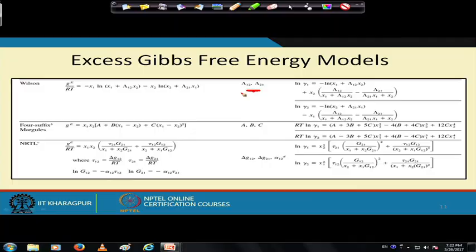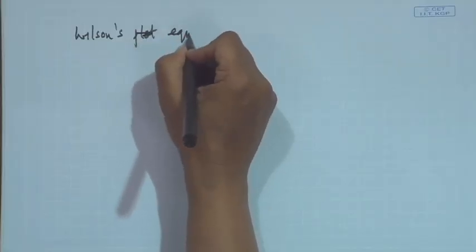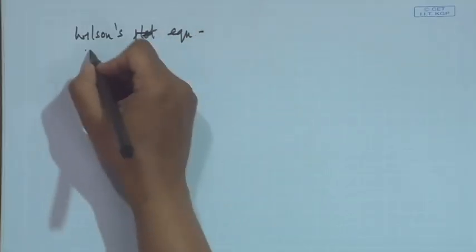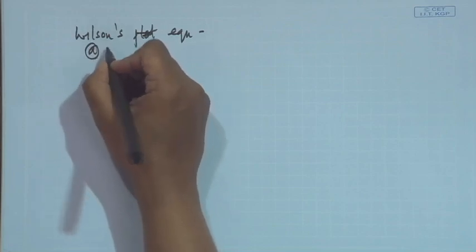So, therefore, in order to incorporate the temperature dependence of activity coefficients, we need to go for more and more complex equations. One such equation is the Wilson equation, which is applicable for 2 conditions.